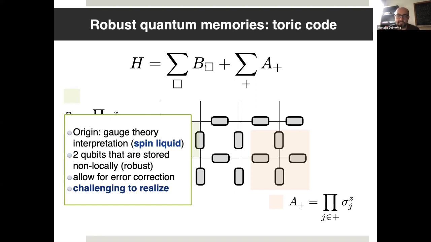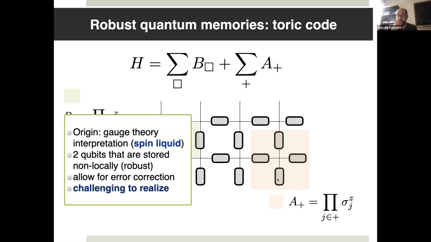The first type is this B-plaquette, involving only spins belonging to the same plaquette, for instance these 4 spins I'm indicating with my pointer, and it's a product of sigma X operators. Then there is another part of the Hamiltonian, which instead of acting on the plaquettes acts on the vertices. This is an example, what I call A+. Instead of being a product of sigma X around each vertex, which would make the model classical, it's a product of sigma Z.